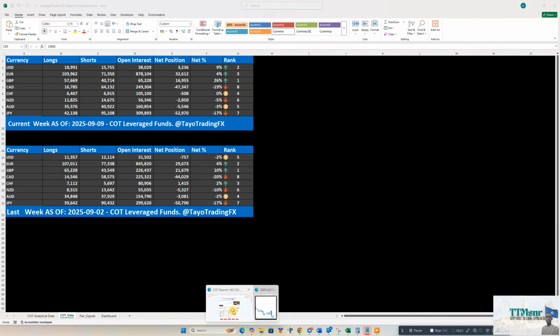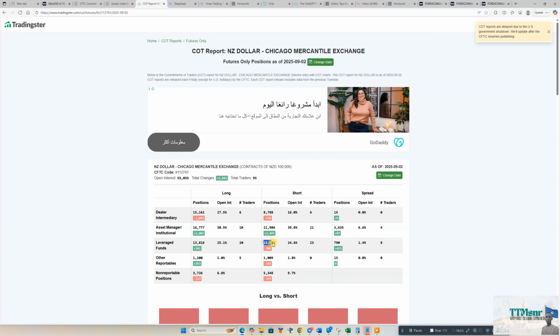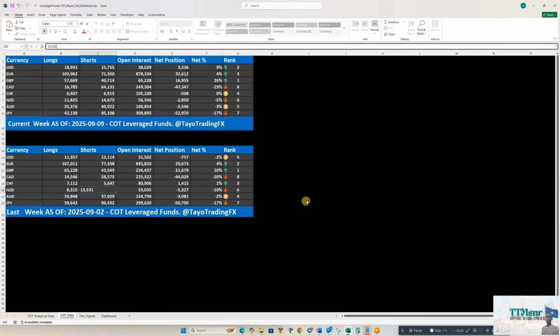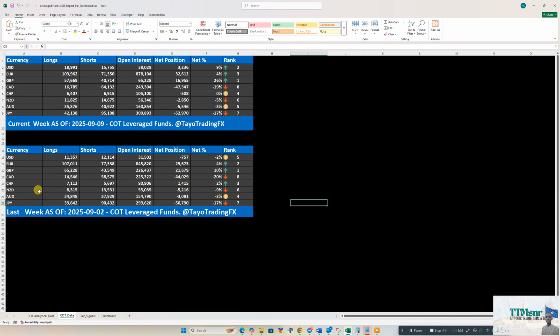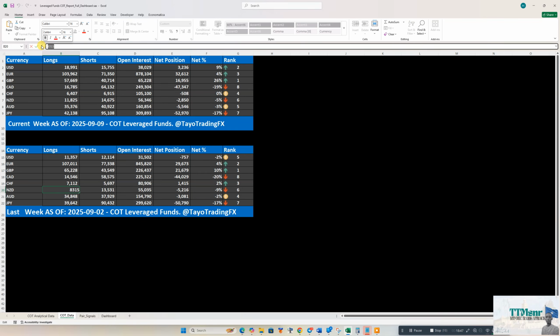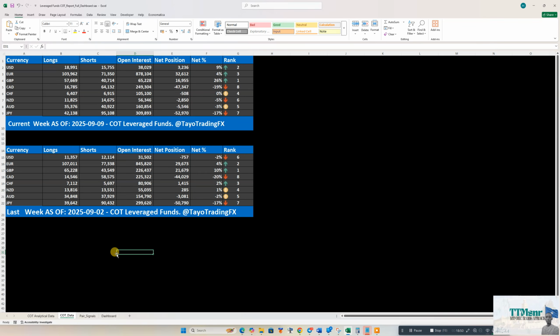Then short positions. Then long positions. Long positions, we go to NZD.